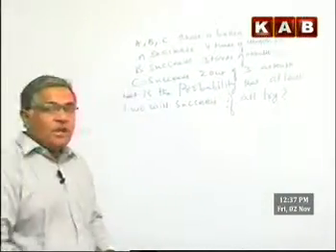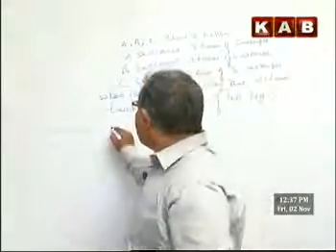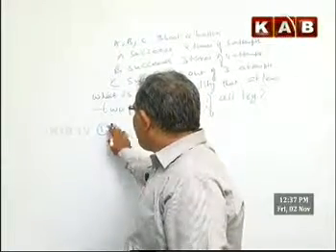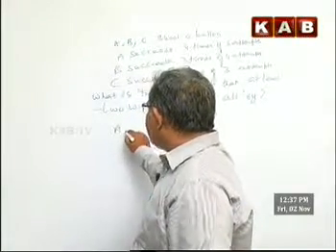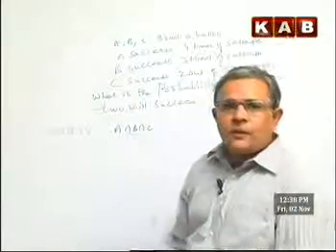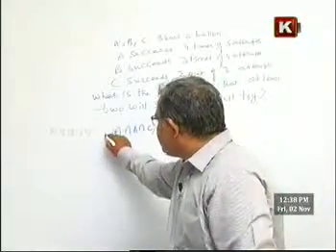This is the question. At least 2 should be successful. Case 1 is what? All 3 successful. A should be successful, B should be successful, C should be successful. All 3 being successful. Okay, this is the first case.